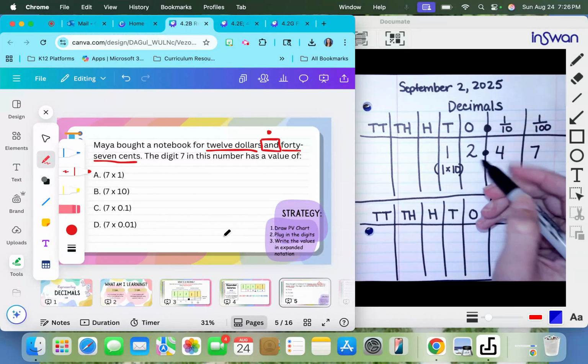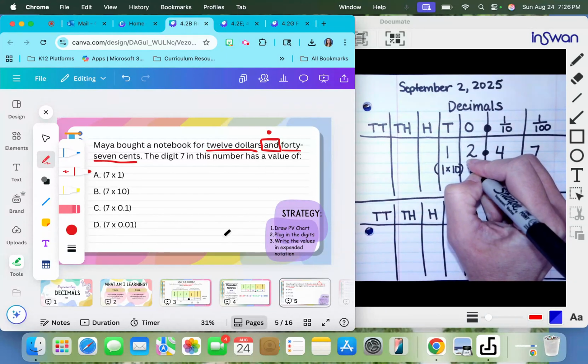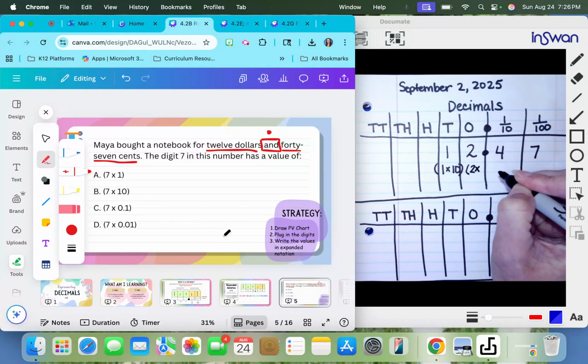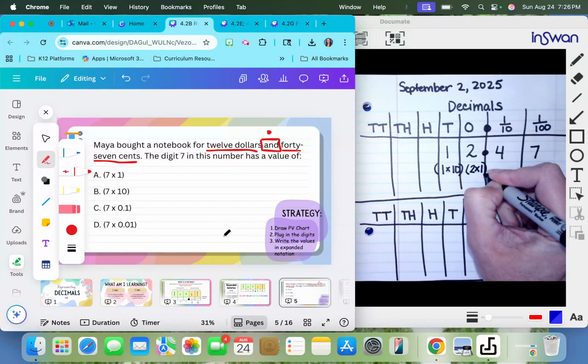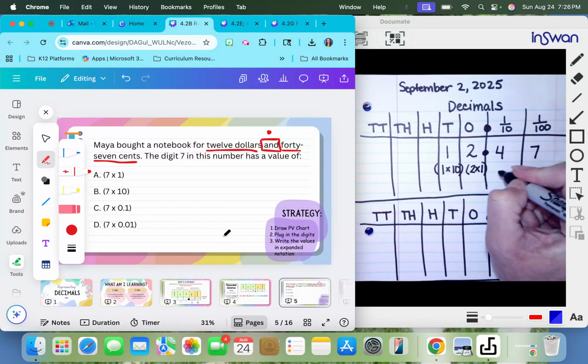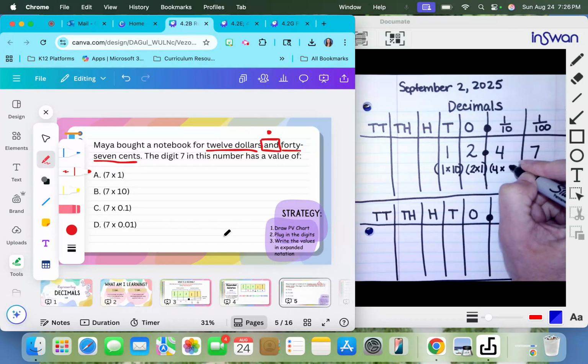It's in the ones place. So parentheses, we have a 2 in the ones place. Now let's do our decimal values. We have a 4 in the tenths place.